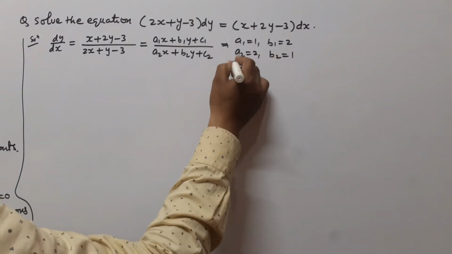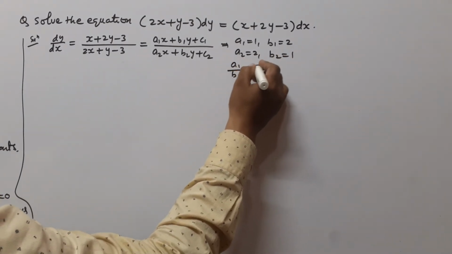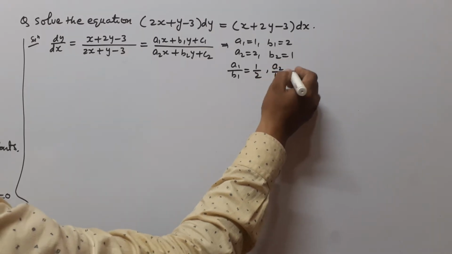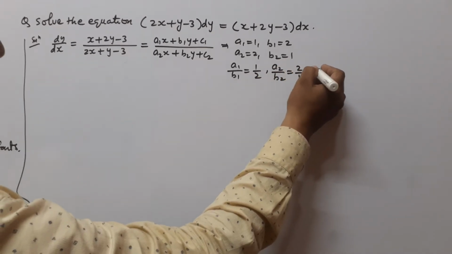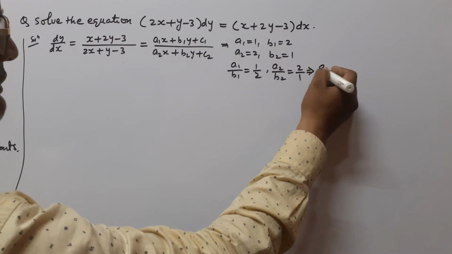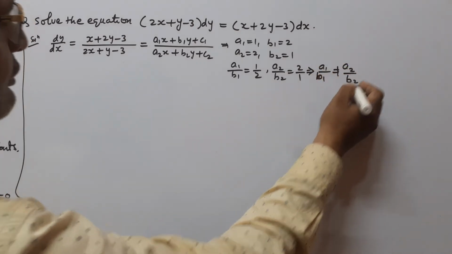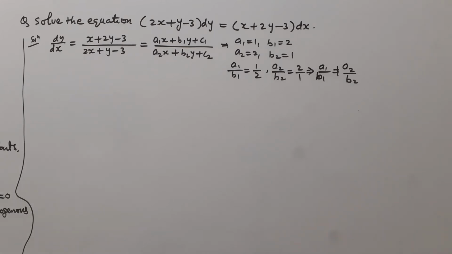So a1 upon b1 is 1 upon 2, and a2 upon b2 is 2 upon 1. So a1 upon b1 is not equal to a2 upon b2. We convert this equation into homogeneous form by changing the variables.